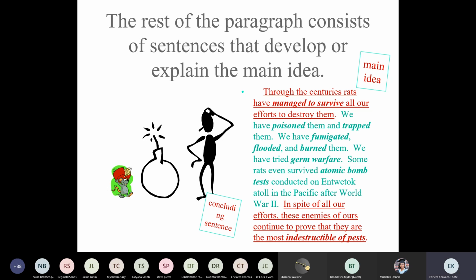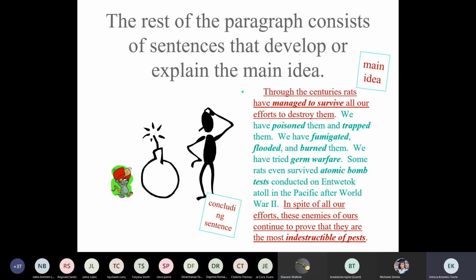Okay, so Wadley is saying it's the green. Okay, so I want you to give me some of those. Very good, it's the green part. So what are they saying? The details. We have poisoned them, trapped them, fumigated, flooded, burned them, germ warfare, okay?